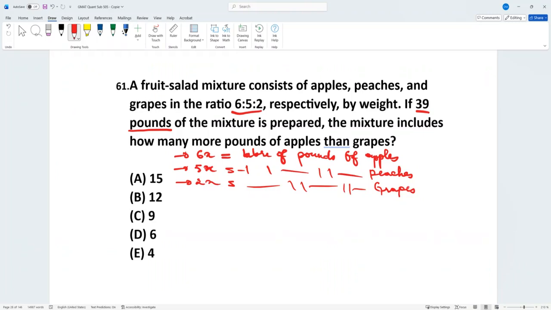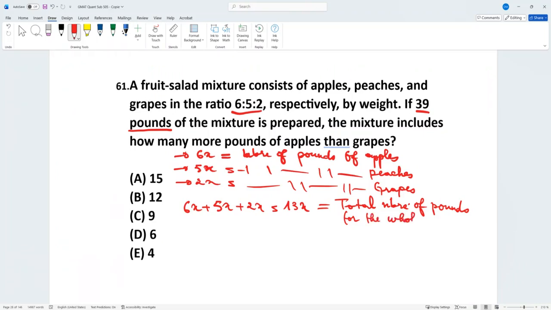And then the summary of 6x plus 5x plus 2x, which is actually equal to 13x, will be equal to the total number of pounds for the whole mixture.